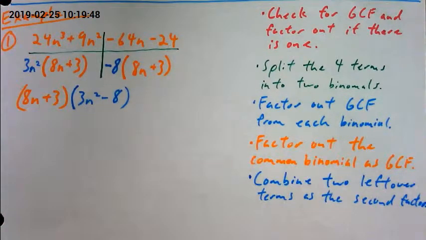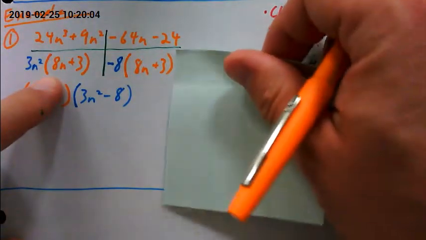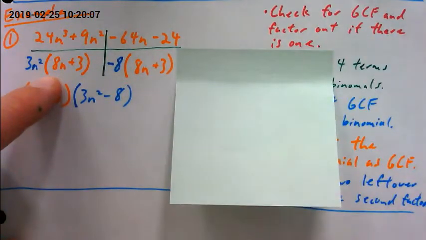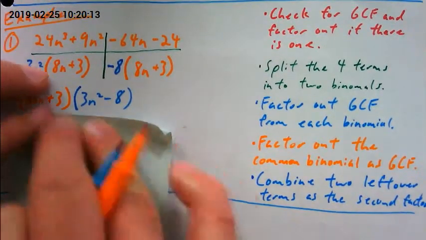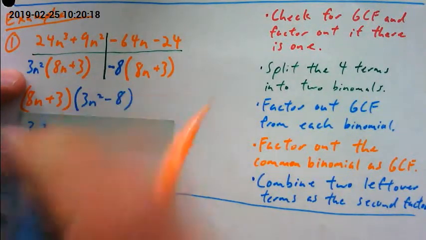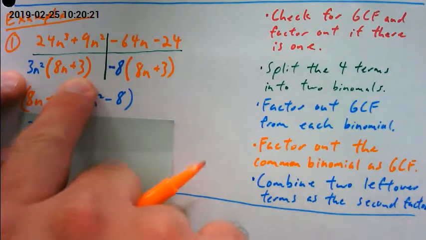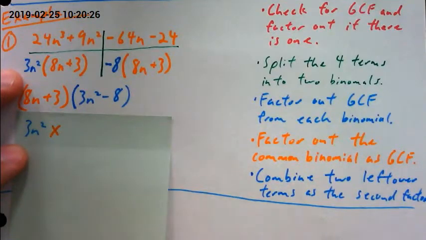Now, what I want you to understand here is that what we just did is no different than taking out a GCF any other time. So, let me go back for a second to this last step. So, essentially, if you thought of this as we had 3n squared, and then instead of having this 8n plus 3, let's just call that x. We're going to use x to represent that entire binomial.